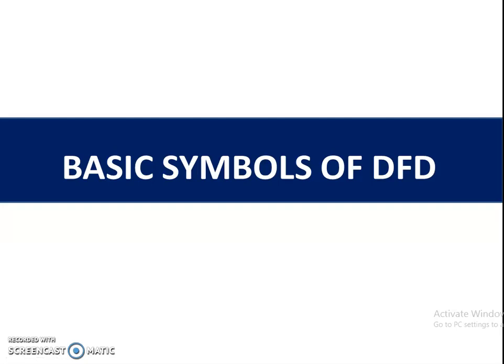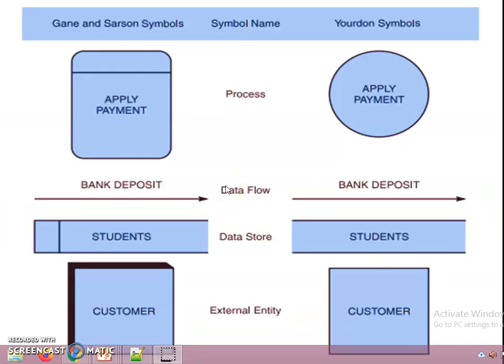So DFD shows the way information flows through a process or system. It includes the data inputs and outputs, data stores, and the various sub-processes that the data moves through. Data flow diagrams are actually built using standardized symbols and notation. DFD uses 4 basic symbols that represent the process, the data flow, the data store, and the external entities.